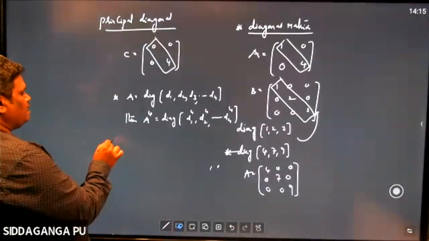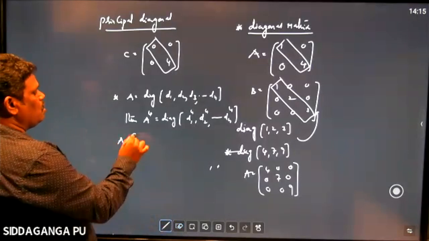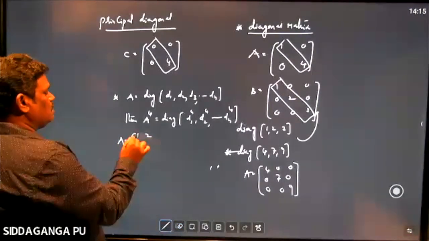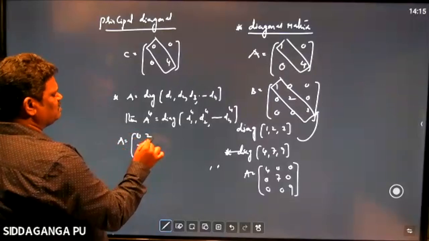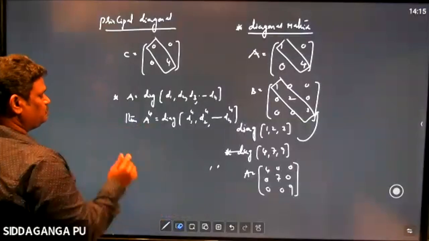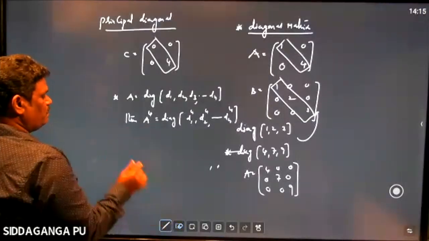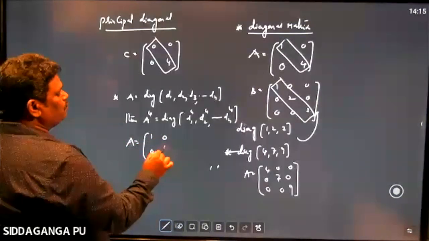For example, A is equal to 1, 0, 0, 4 is given.